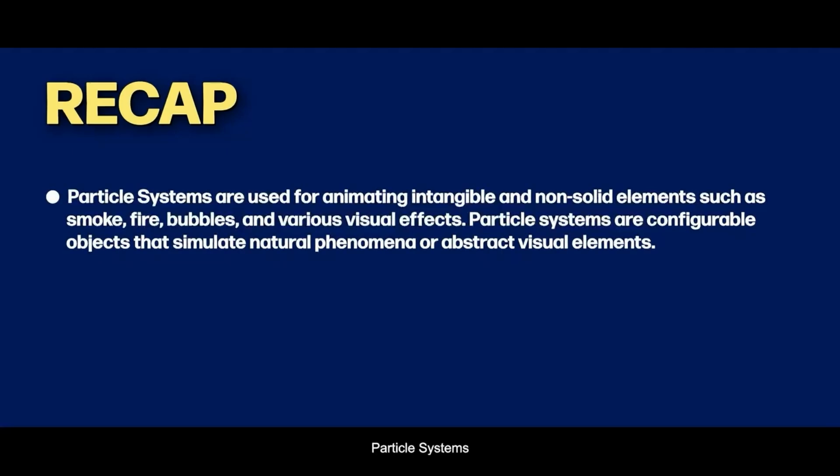Particle systems are used for animating intangible and non-solid elements such as smoke, fire, bubbles, and various visual effects. Particle systems are configurable objects that simulate natural phenomena or abstract visual elements.